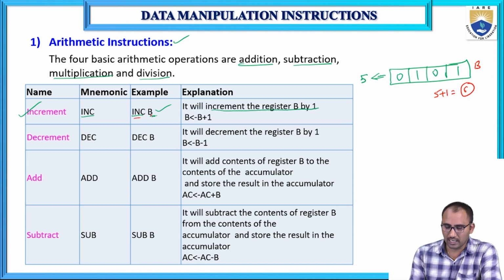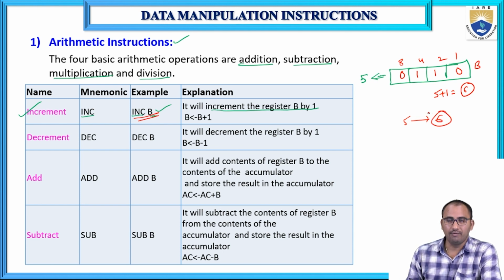After executing this INC B instruction, its value will be replaced with 0110, using the weights 8, 4, 2, 1. Previously the register had 5, but now it is incremented to 6. So using the increment instruction, the value of a register is incremented by 1.